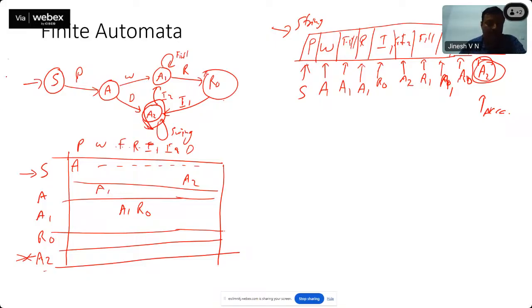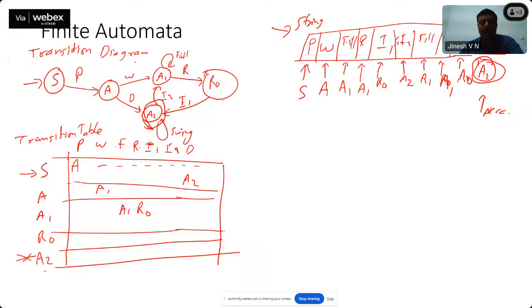So the first one is the transition state chart diagram or transition diagram. Then next we can see the transition table or state table.